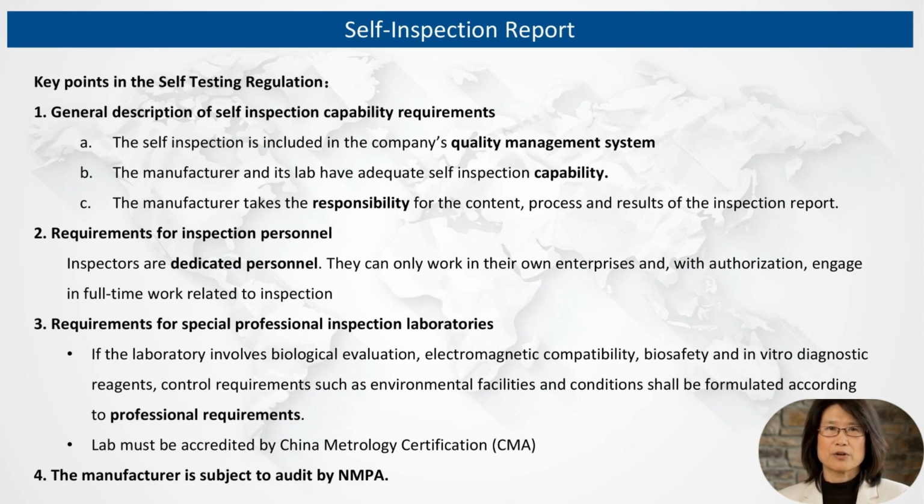Second, the inspectors must be dedicated personnel. They cannot be shared with other departments of the company. And 3, special labs must be professionally managed with adequate management and controls, and should have obtained the Chinese CMA accreditation. CMA stands for China Metrology Accreditation.